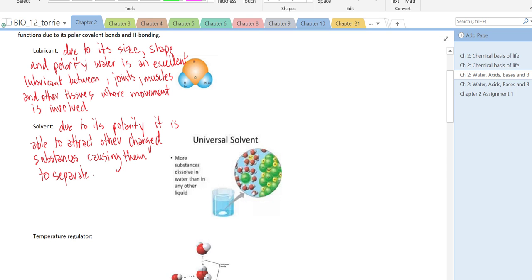And the word that we would use when you do that in water is dissolve, right?